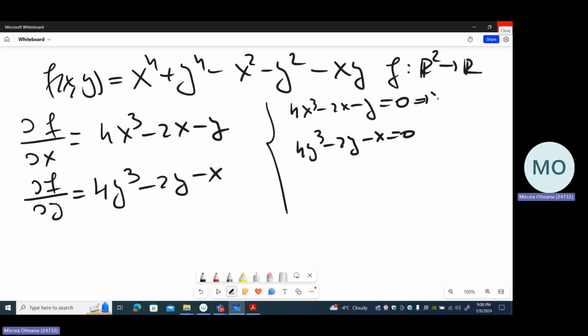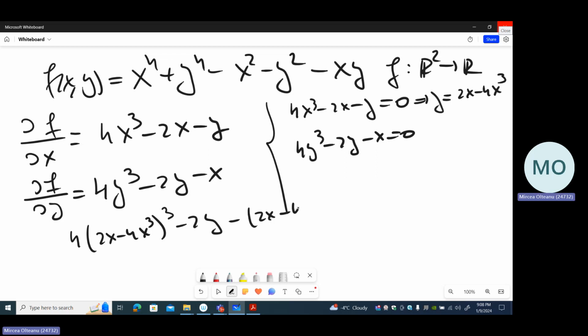From the first equation, for example, y equals 2x minus 4x^3, and we replace it in the second.